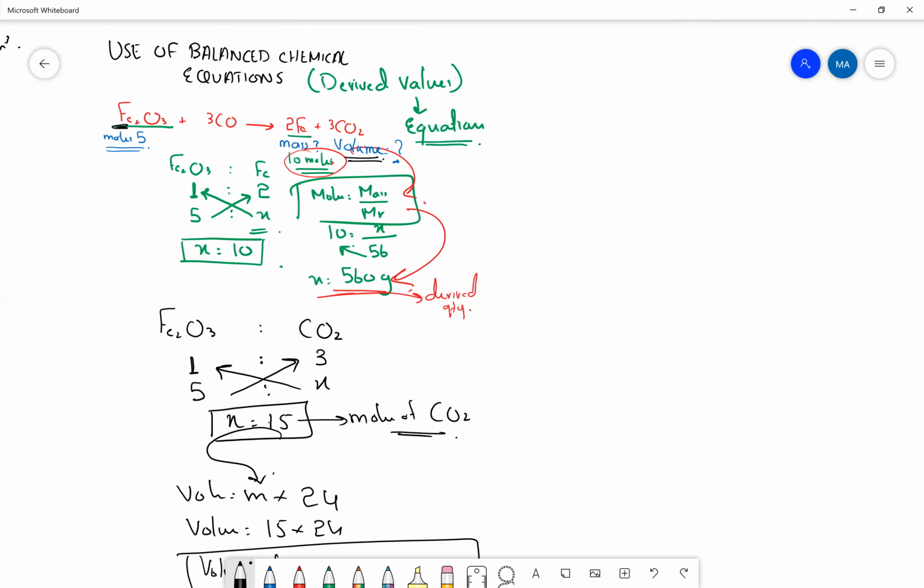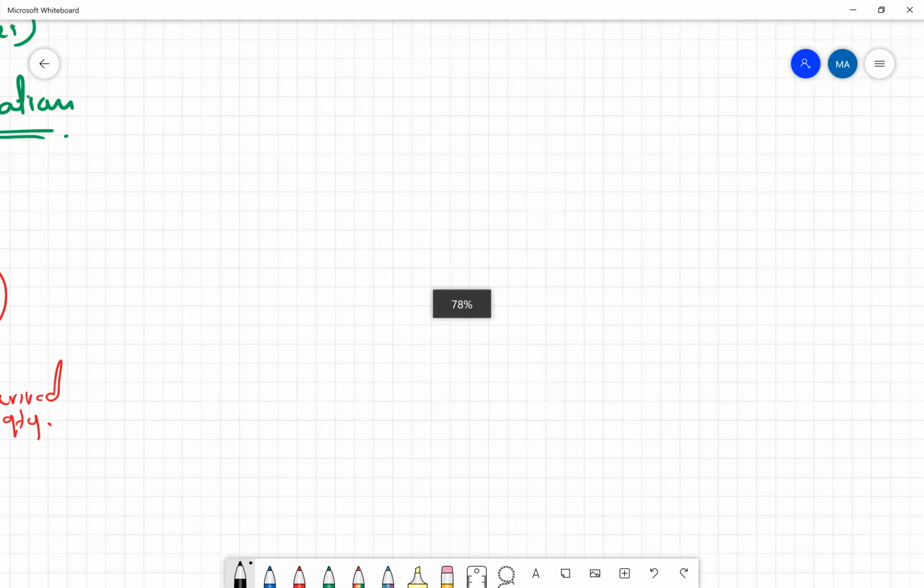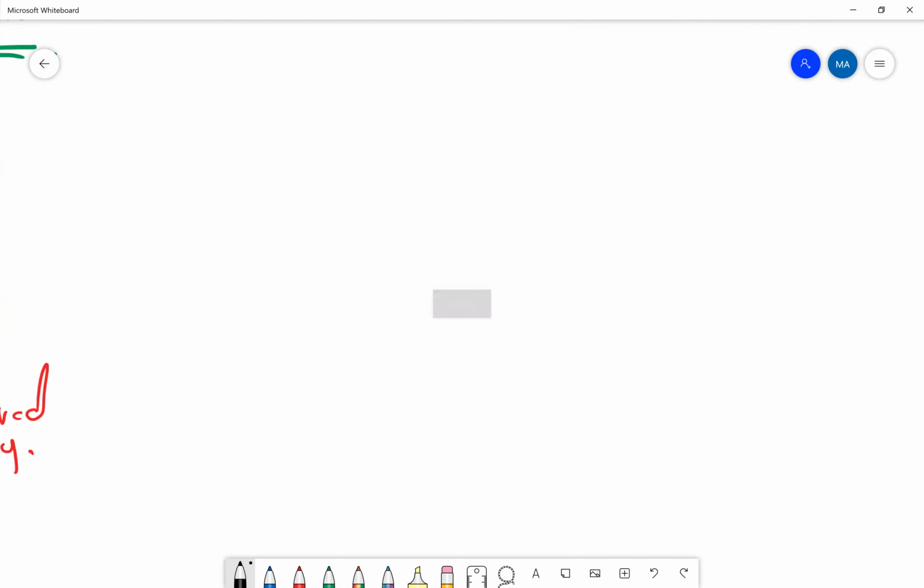Now, we're going to do another similar example of using balanced chemical equations, because this is the most important part here. This topic, moles and the use of balanced chemical equations, is establishing a strong basis for the A levels chemistry exams, both the AS level and A2 level.